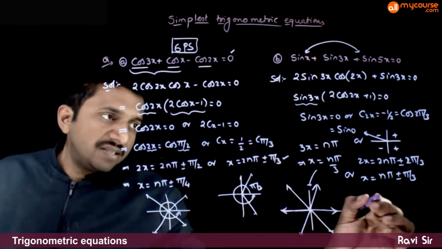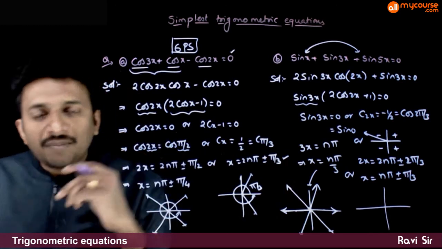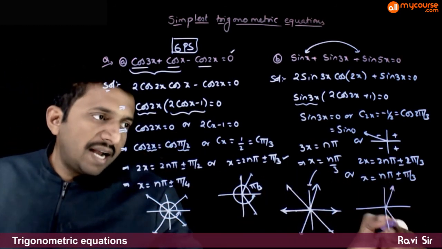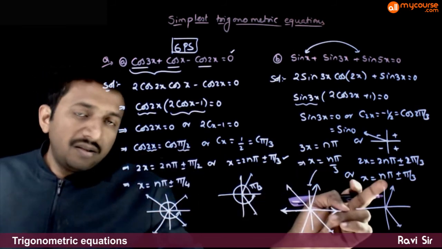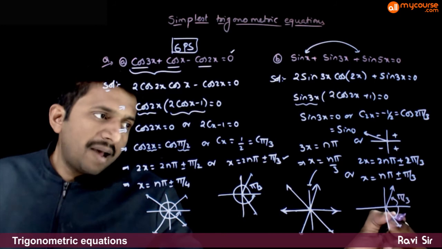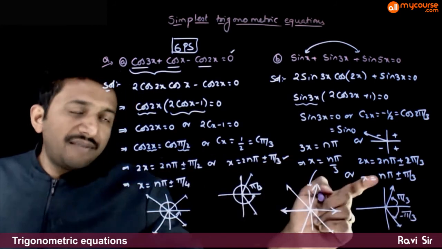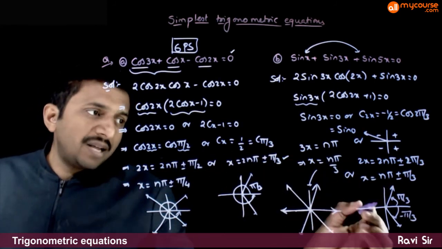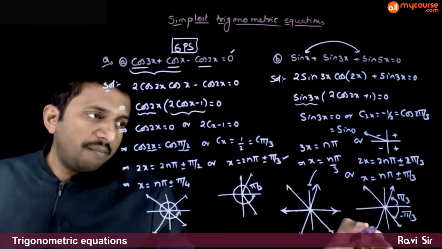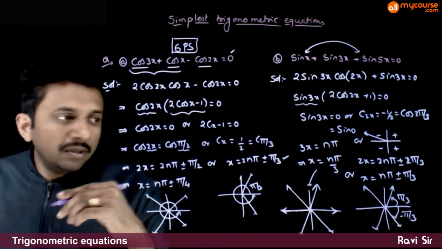Next, if you go for this, n pi plus or minus pi by 3, that is, if n is equal to 0, you have pi by 3 position and minus pi by 3 position. If n is equal to 1, n pi plus or minus pi by 3 is pi minus pi by 3 or pi plus pi by 3.